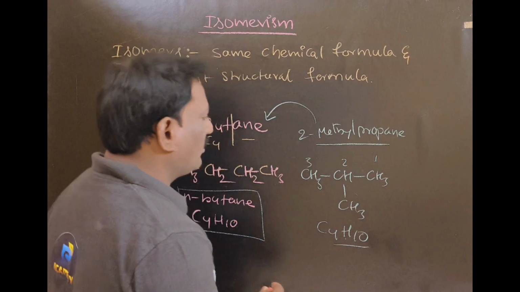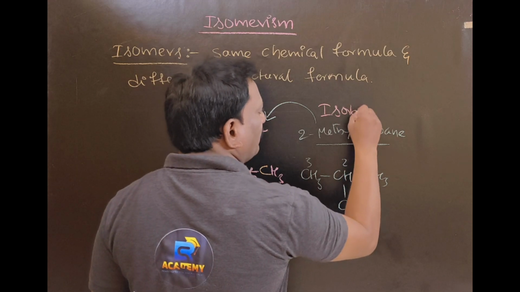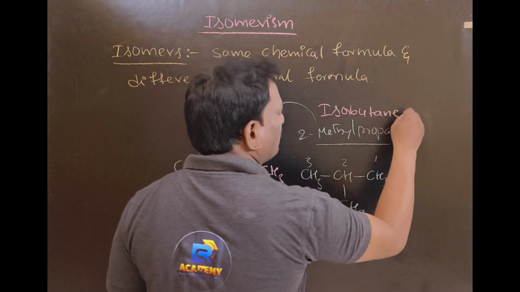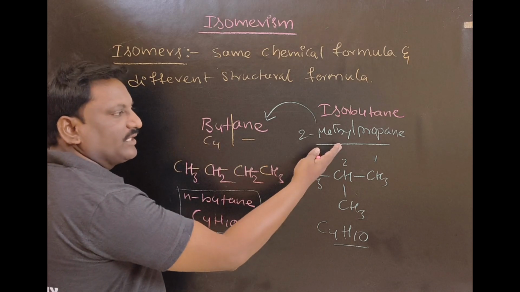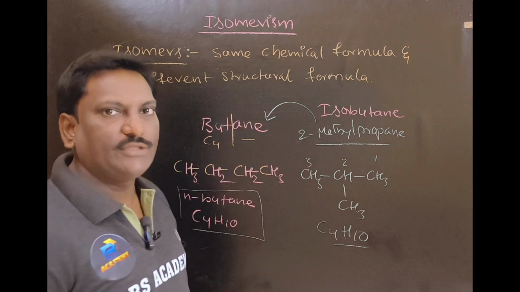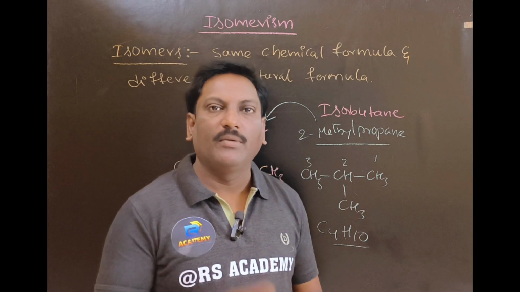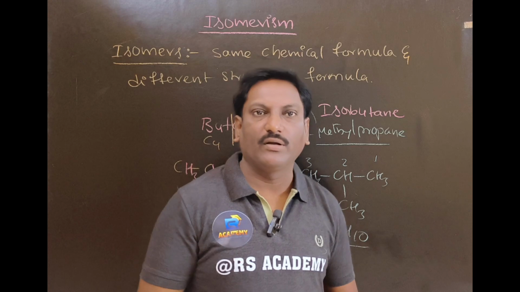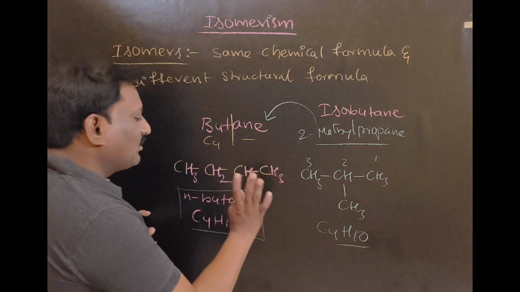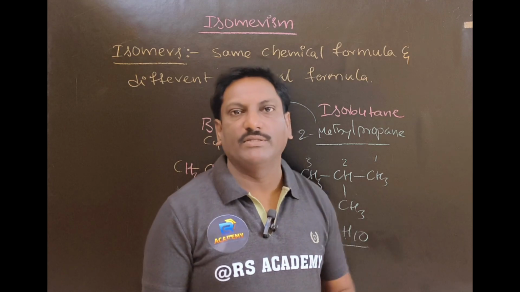That's why it is also called isobutane. So butane and 2-methyl propane both are isomers because they have same chemical formula but they differ in the structural arrangement, structural formula. So these are called isomers. This phenomenon is called isomerism.